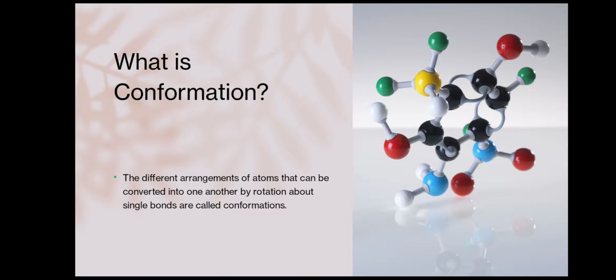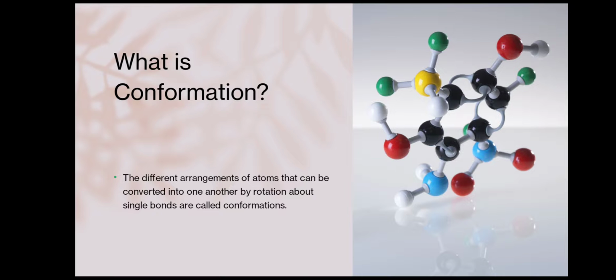Firstly, we will begin with the very definition of conformation. So, what is conformation? The different arrangements of atoms that can be converted into one another by rotation about a single bond are known as conformations.